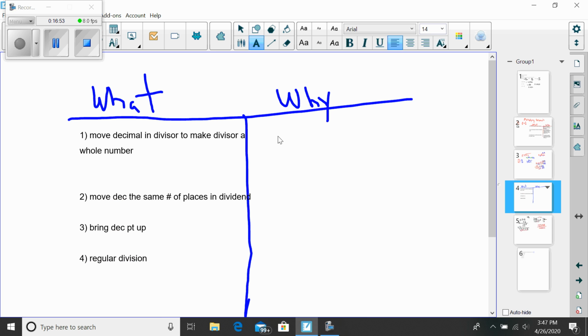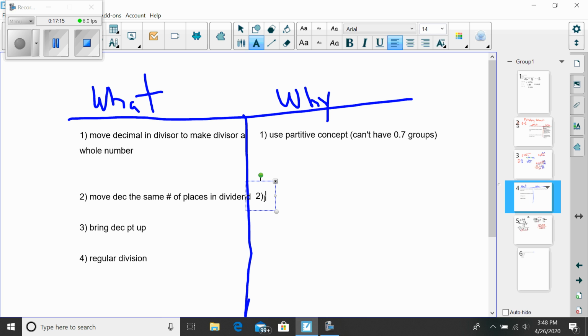Over on the Y side, why do we do that? Because we're using the partitive concept. I can't have 0.7 groups. I can have 7 groups, but I can't have 0.7 groups. That wouldn't make any sense.